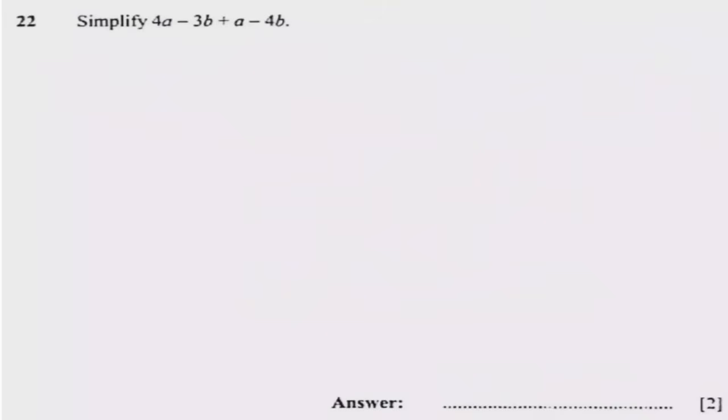We come to question 22, which is: simplify 4a minus 3b plus a minus 4b. So how do we simplify this one? What we do is we write 4a minus 3b plus a minus 4b. Okay, so what we need to do now is put like terms together.